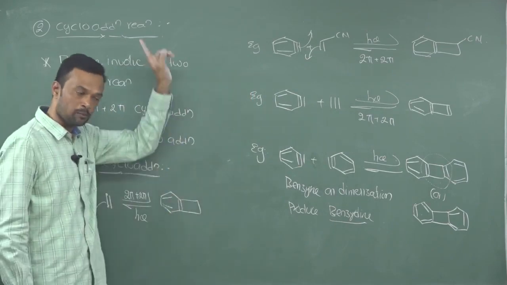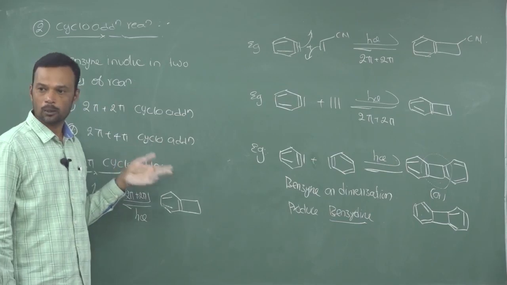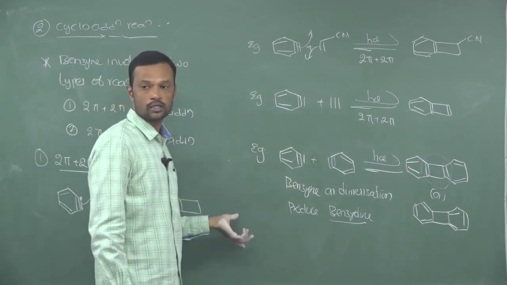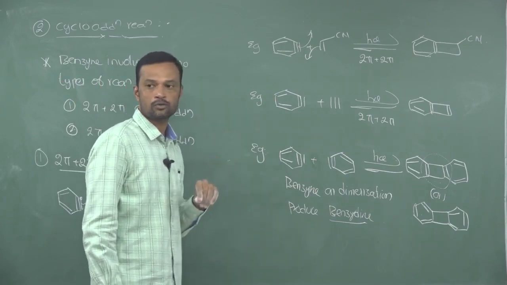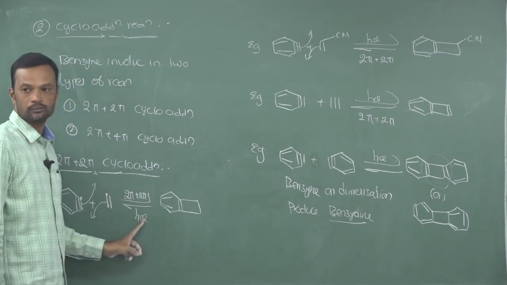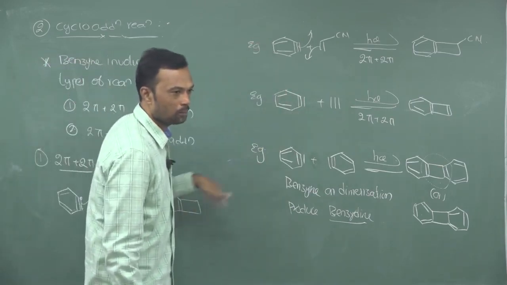Why, I will explain in pericyclic. In pericyclic, theories will be there: frontier molecular orbital approach, perturbation molecular orbital theory, orbital correlation theory. There I will confirm why Diels-Alder is preferred under thermal condition and why 2 pi 2 pi is preferred under photochemical. Evidence is there. I will explain it there. Actually this concept belongs to pericyclic.